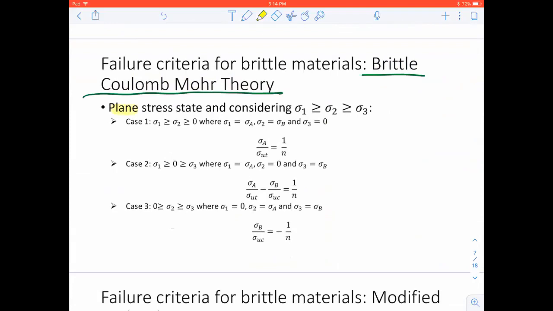Remember, for plane stress, one of the principal stresses will be 0. So if you have a plane stress condition, you can also calculate the factor of safety. If it is greater than 1, then it will not fail. So N is your factor of safety.